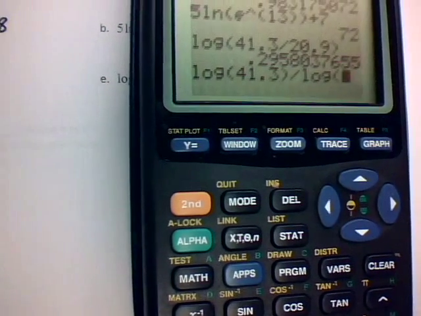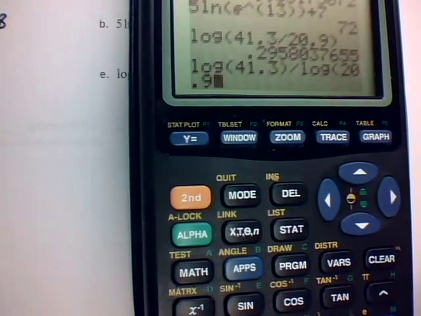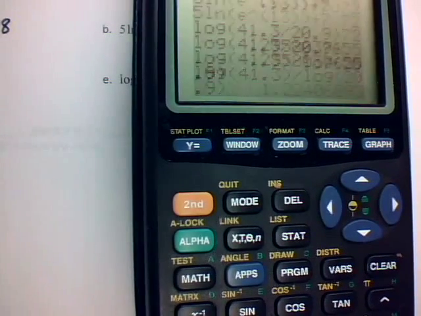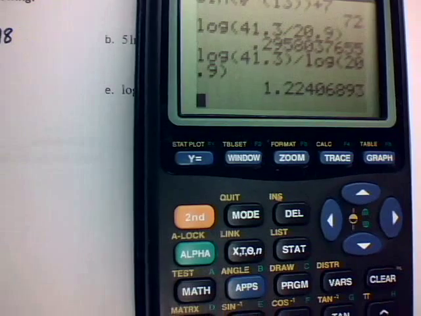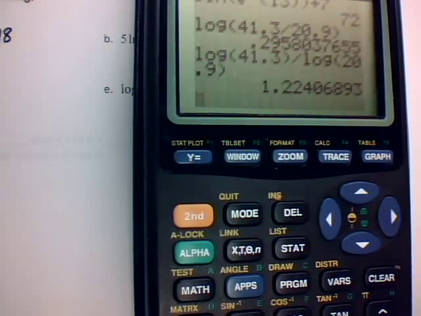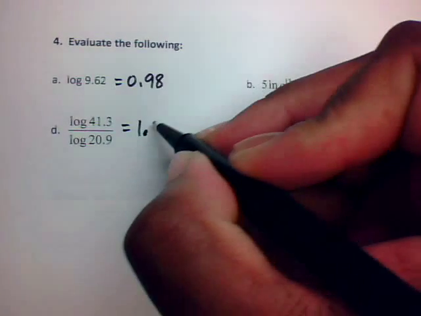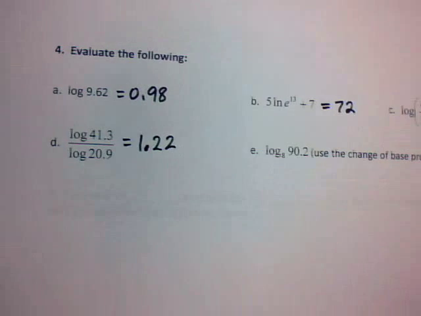So press the log key and then 20.9, close parentheses, and then hit enter. To 2 decimal places, it'll be 1.22. So this expression will be equivalent to 1.22.